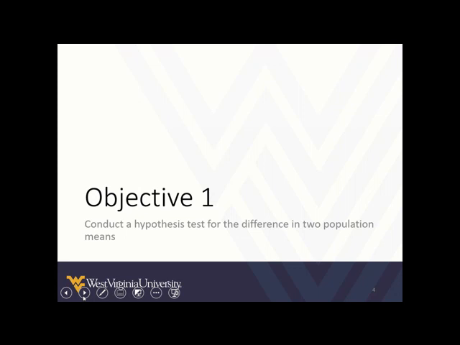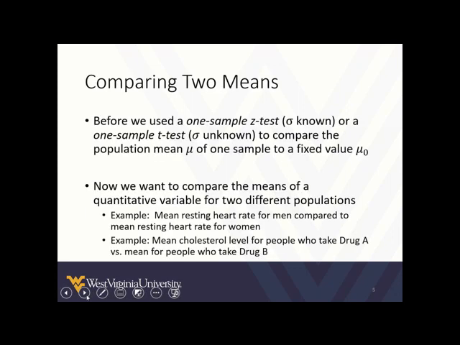So objective 1, we're going to be conducting the hypothesis test for the differences in two population means. Before, when we were doing a one sample z-test or a one sample t-test, we compared the population mean of one sample to a fixed value of mu naught.